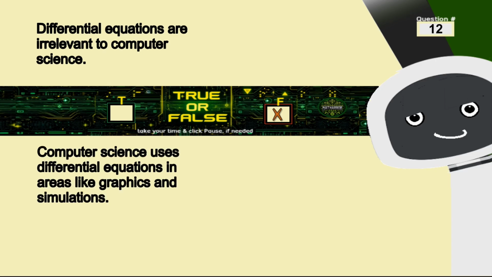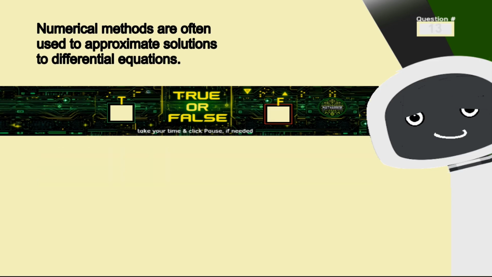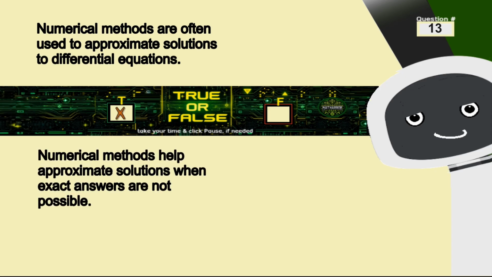That's false. Computer science uses differential equations in areas like graphics and simulations. True or false? Numerical methods are often used to approximate solutions to differential equations. That's true. Numeric methods help approximate solutions when exact answers aren't possible.